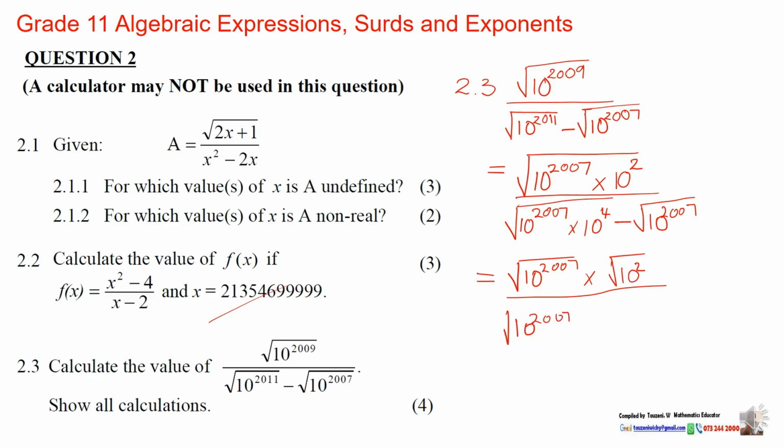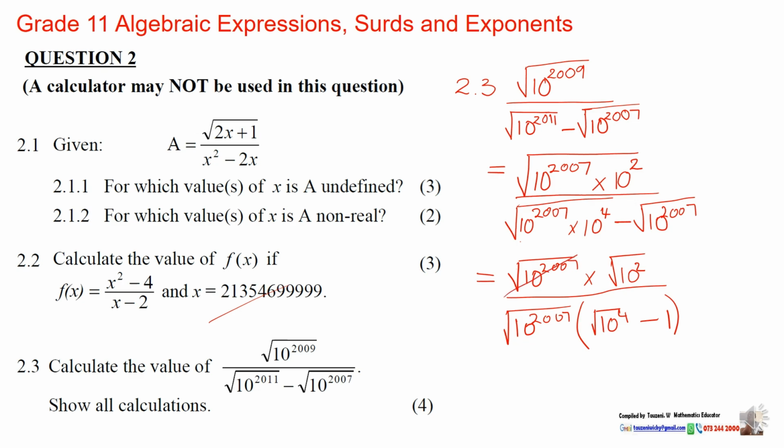Now we are doing factorization, therefore I'm going to put brackets here since there are two terms in the bottom part. From these two numbers, 10 to the power 2007 and 10 to the power 4, I remain with the square root of 10 to the power 4 inside. Then from the second position, that is equal to 1.